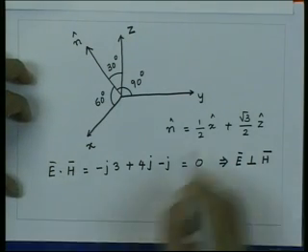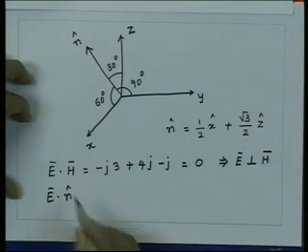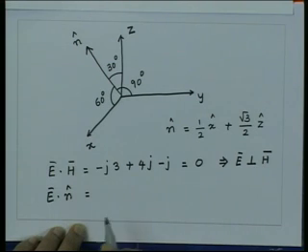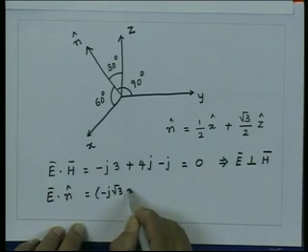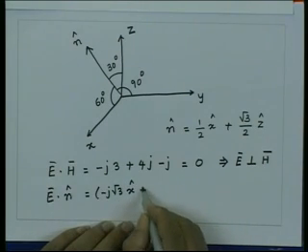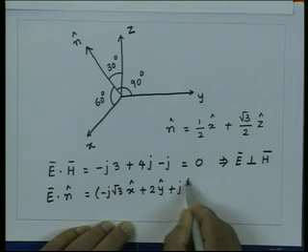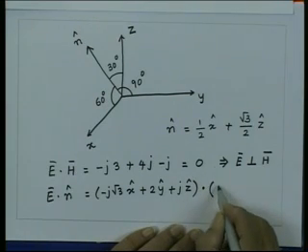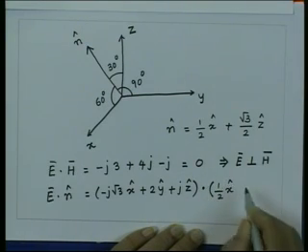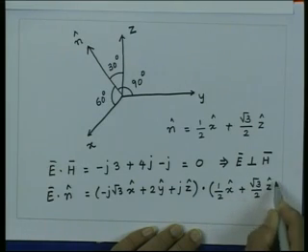Same thing we can do for the unit vector and the electric field. So, you take the electric field and the dot product of that with the unit vector, that is equal to minus j root 3 x plus 2 y plus j z dot unit vector n, which is 1 upon 2 x cap plus root 3 upon 2 z cap.